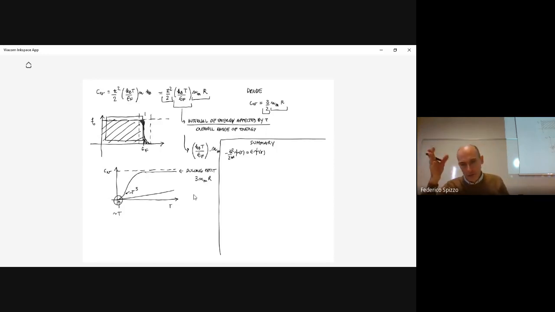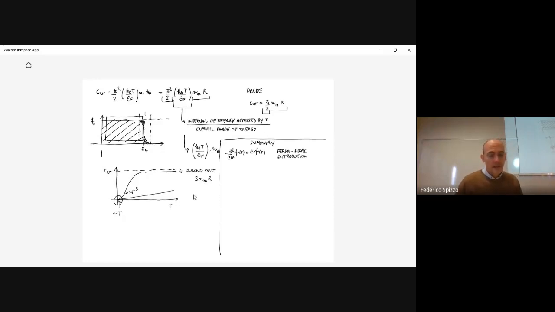And in this picture, the electrons, as they are fermions, have to follow the Fermi-Dirac distribution.